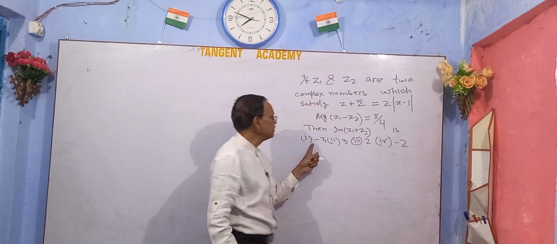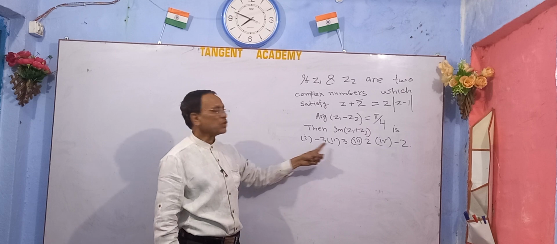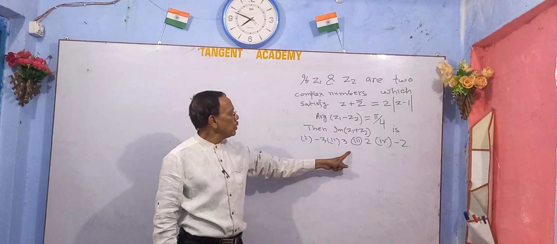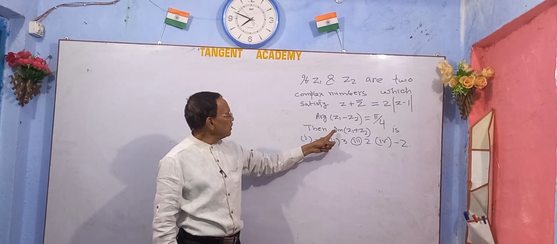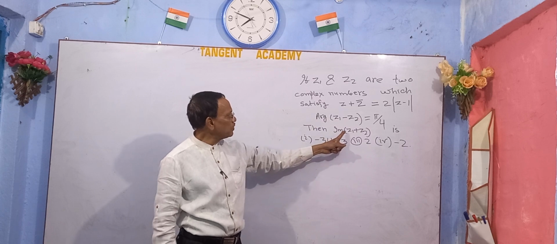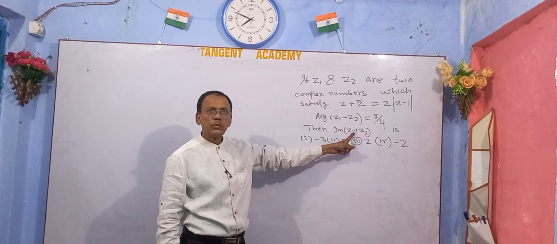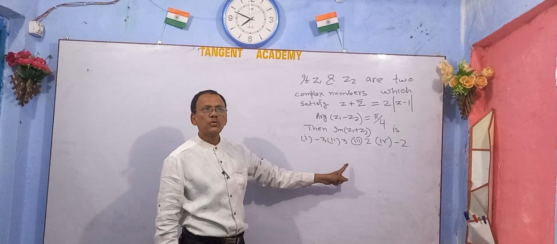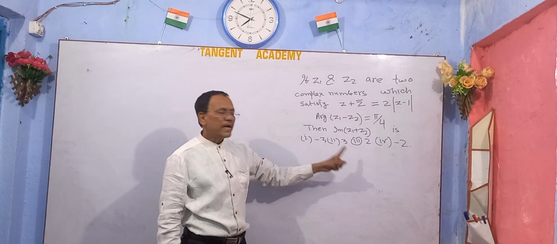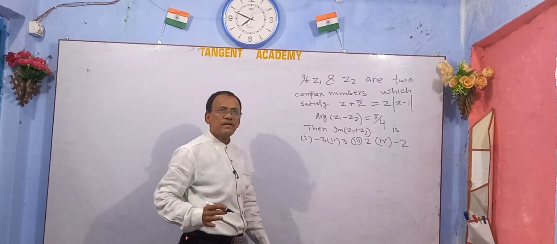We have to select which option is true. That is, we have to find the value of the imaginary part of Z1 plus Z2. Let us start.